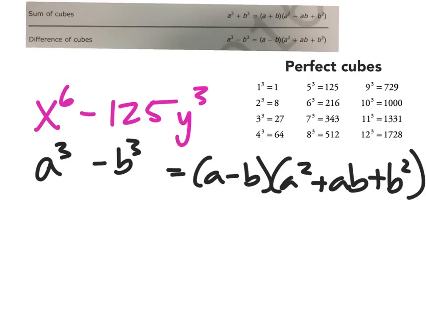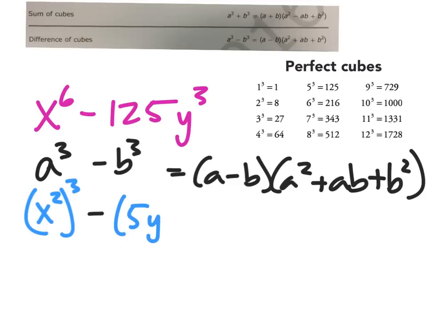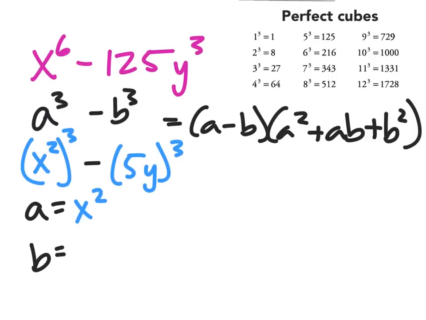Well, x to the 6th is the same thing as (x squared) cubed. So then minus. What got cubed to give me 125y cubed? Well, the cube root of 125 is 5. The cube root of y cubed is just y. So a was equal to x squared, and b was equal to 5y.